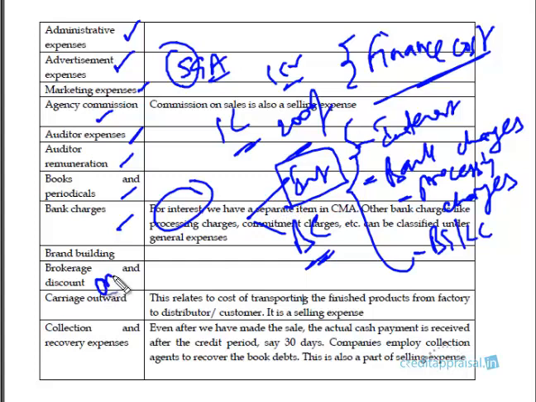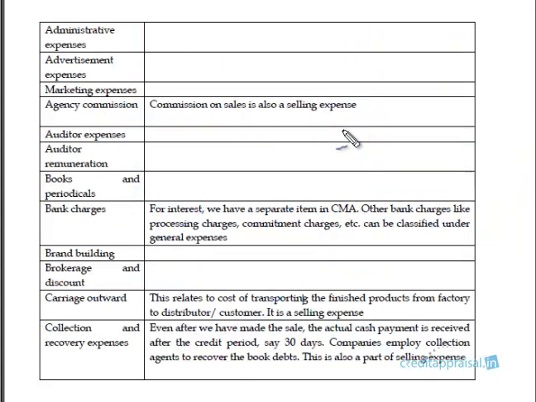In CMA, you have a separate head called interest, while the bank charges will go to the selling general administrative expense. So in the case of Maruti Suzuki, we can see this, right? When we go to that example, we are going to see this. In the next segment we'll discuss interest, there we'll see this. So bank charges is a selling general expense.